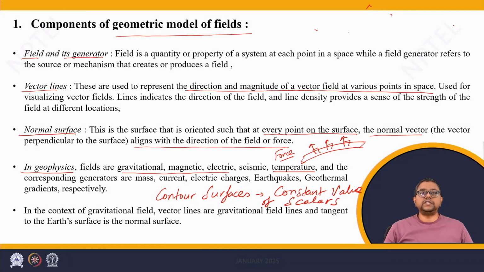So contour surfaces are another way to represent the geometric model of a field where the field is a scalar quantity.